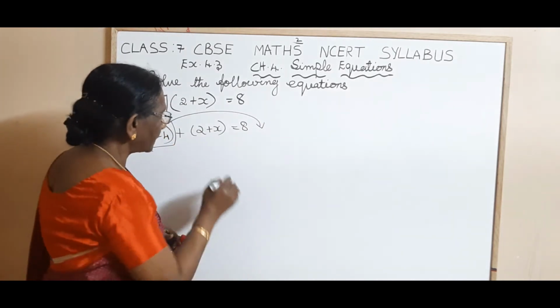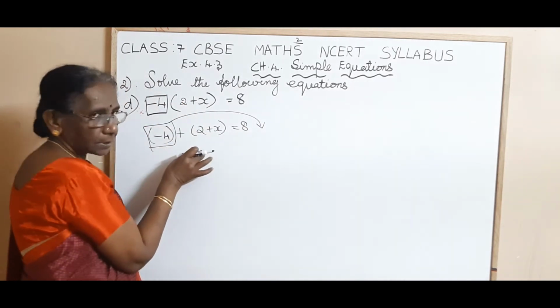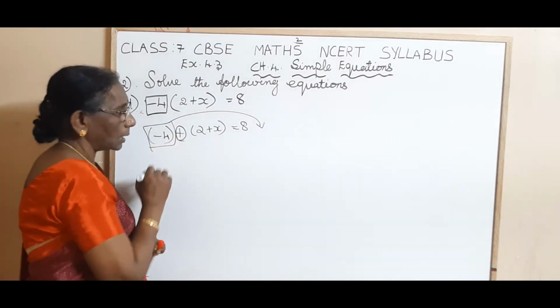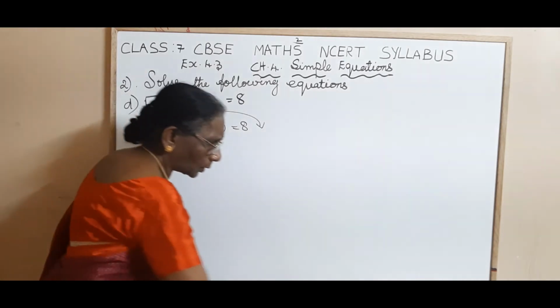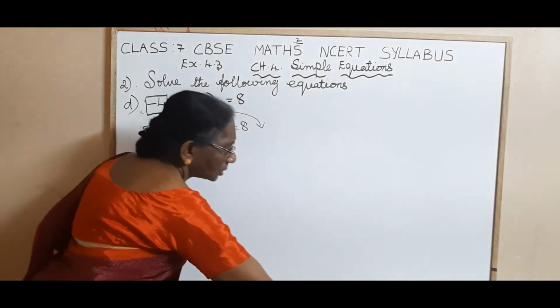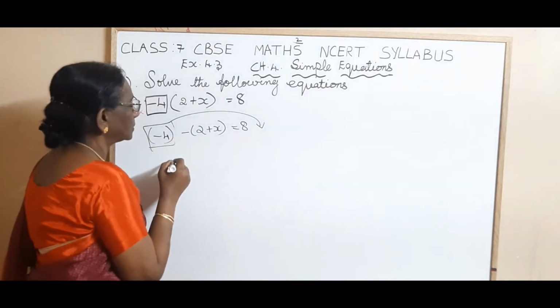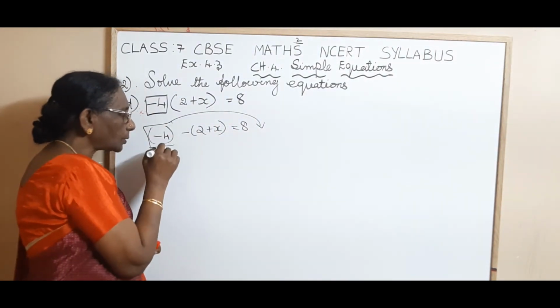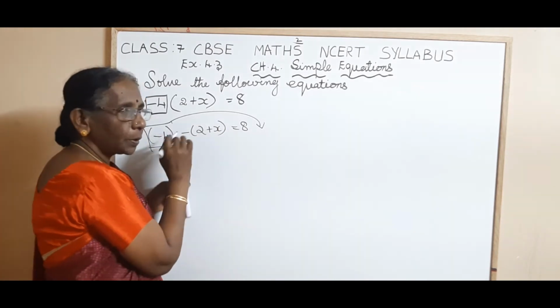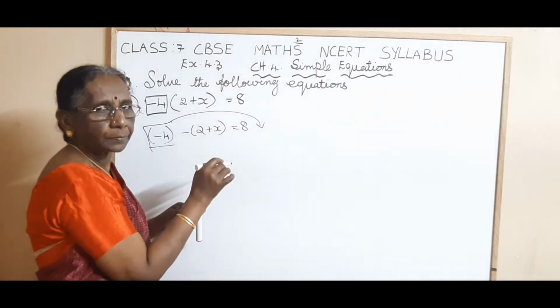Have you understood the difference between this question and this question? Here both are connected by what operation? Addition operation. Suppose instead of addition, if you have subtraction operation also, then also when you are transposing minus 4 from LHS to RHS, you have to change the sign.